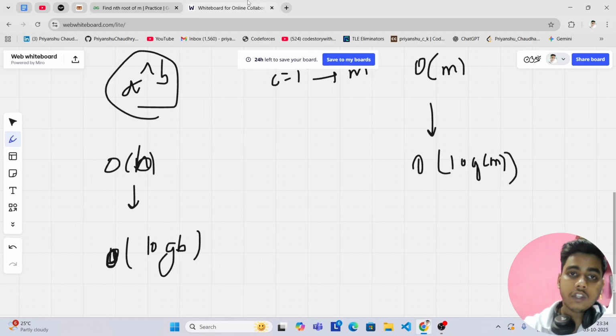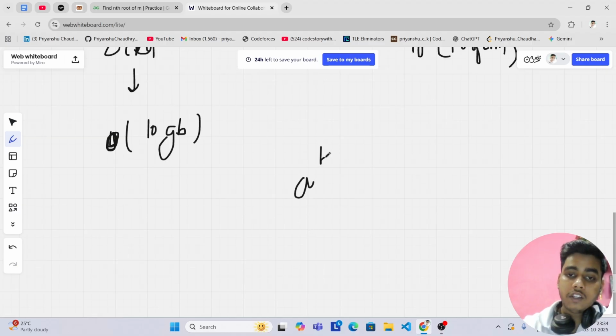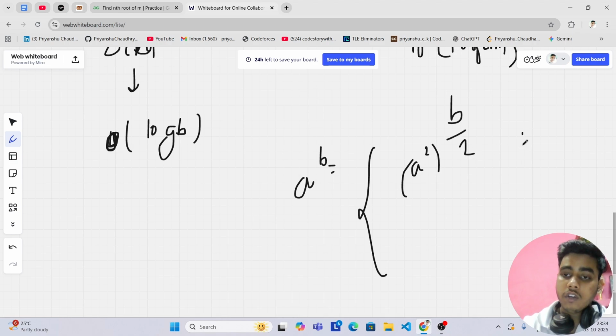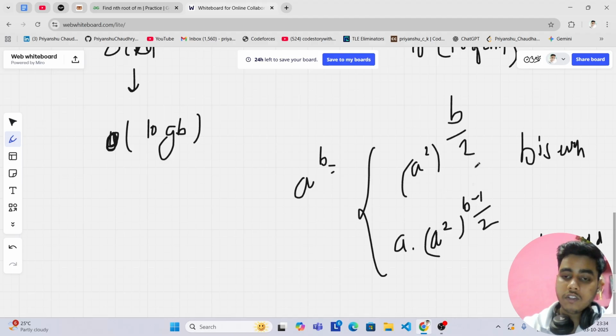That code was nothing but if I have to find a raised to the power b, I can write it as a square raised to the power b by 2 if b is even, and if b is odd, then this will be nothing but a multiplied by a square raised to the power b minus 1 by 2. This will be our code. All right. So yes, we can see that here 2 and 2 will cancel, and this will give a raised to the power b.